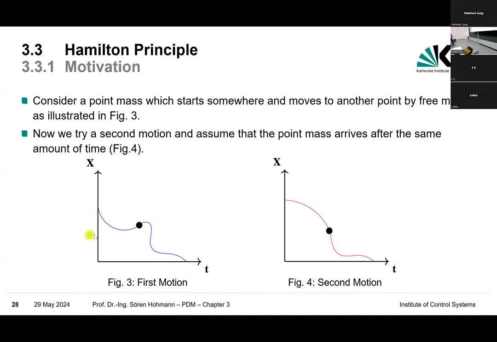If you have a point mass which moves from A to B, and we assume that the mass arrives after the same amount of time at the same position, what trajectory would the mass take?